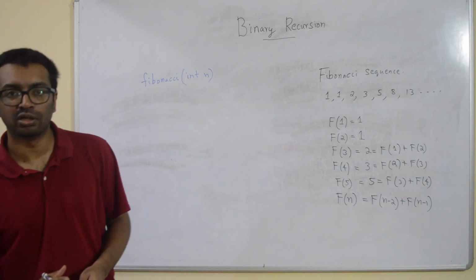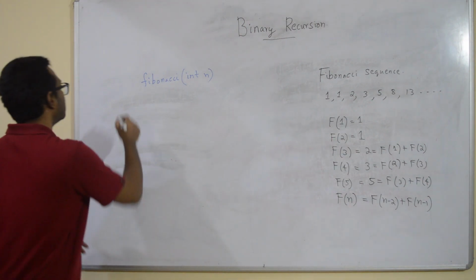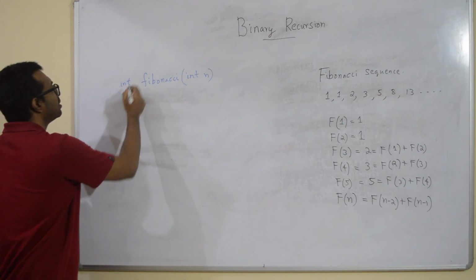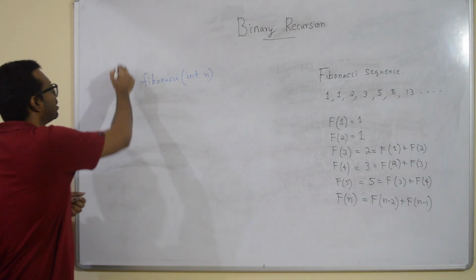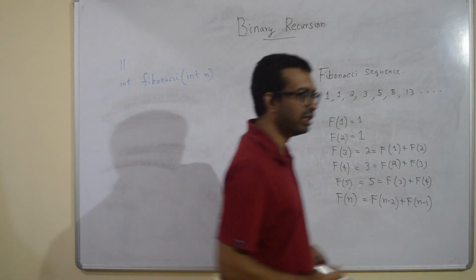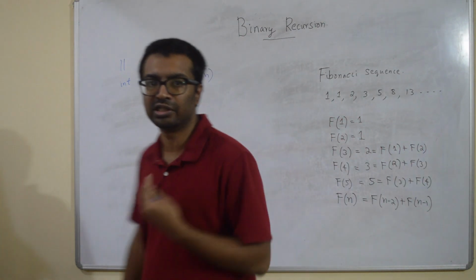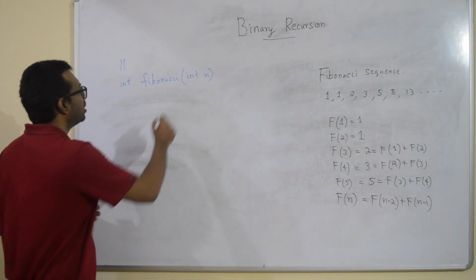And what's the output? The output is an integer which is the nth Fibonacci number. Right. Okay, so here you should write what this function does. The function basically takes an integer n and returns the nth Fibonacci number.